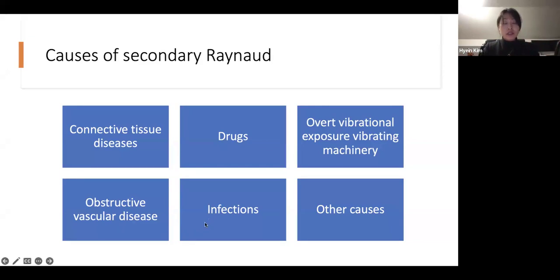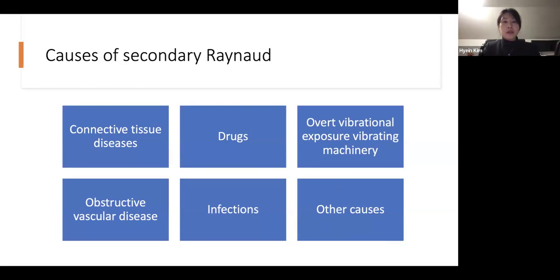Certain infections can sometimes be associated with Raynaud. Things that come up more commonly are hepatitis infections or HIV infections, along with a whole bunch of other things potentially. There are other causes as well. These other causes are probably more rare, but they include some endocrine abnormalities, so hormone issues like thyroid disease can often be associated with it.